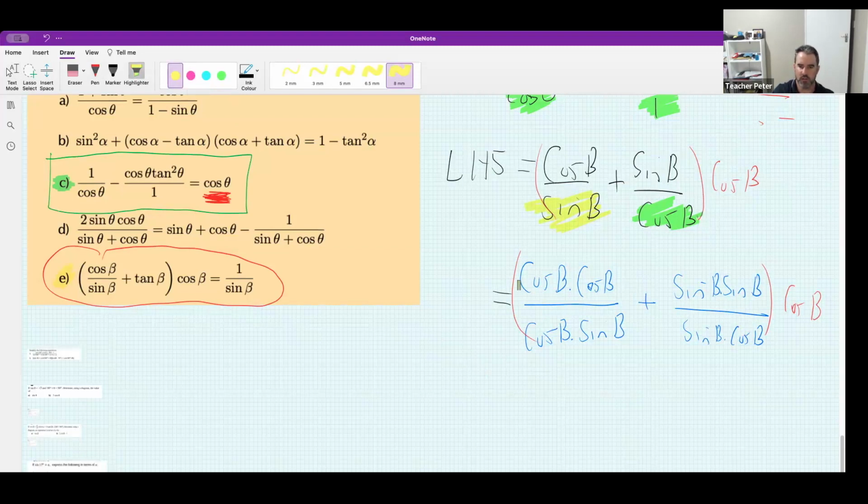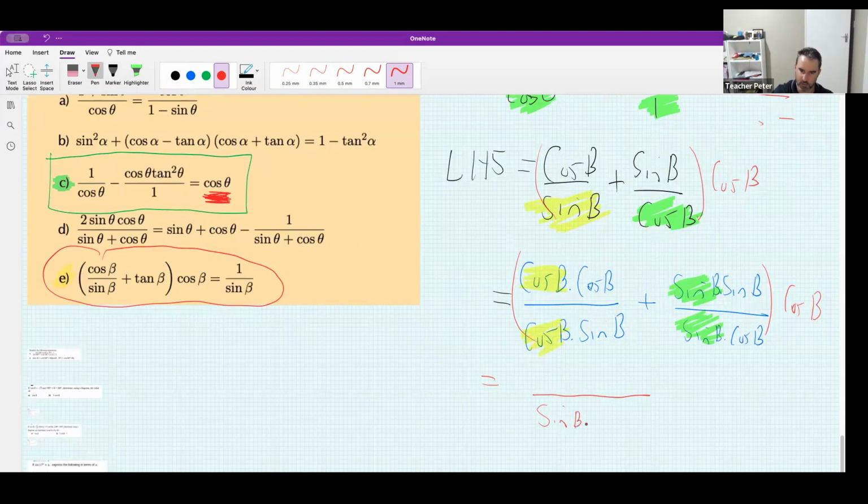So what I did was I multiplied the first one by cos B and cos B, and then I multiplied the second one by sine B and sine B. And then what do we get left with?